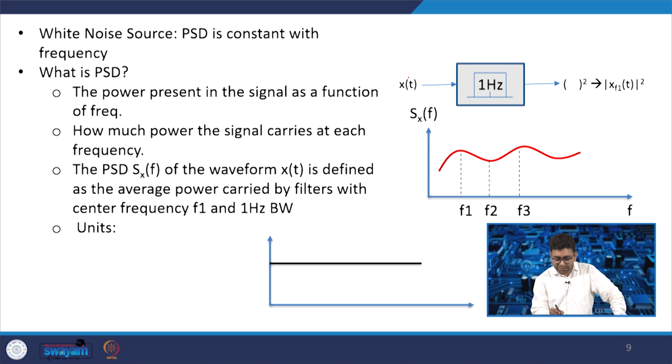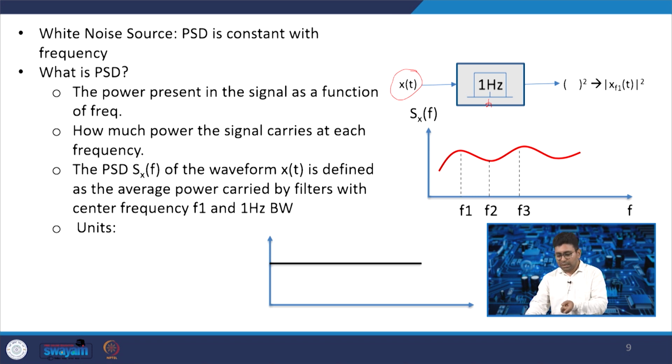Let us say I have a certain signal x(t), and I pass that x(t) input to a filter with a bandwidth of 1 hertz, centered at frequency f1. How is the PSD found? The input is given to the filter with a bandwidth of 1 hertz centered at f1.